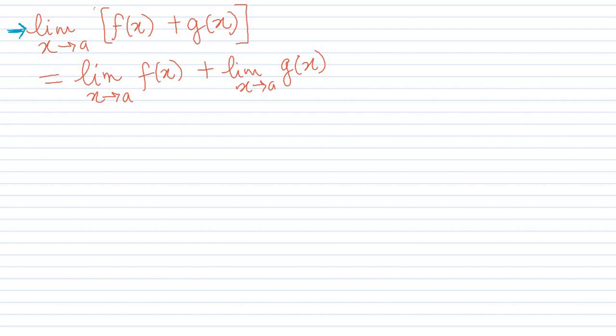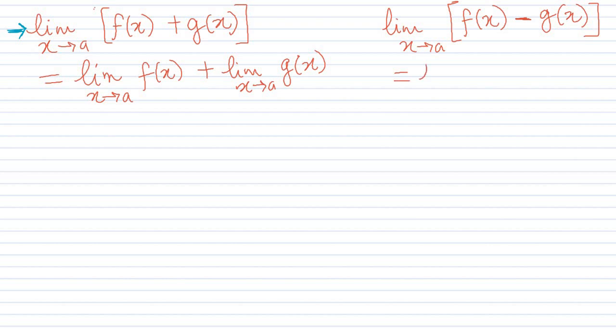So this is what it breaks down to. If you're dealing with something that has a negative number, a subtraction, so instead of f of x plus g of x, you have f of x minus g of x, the same thing is to be done.